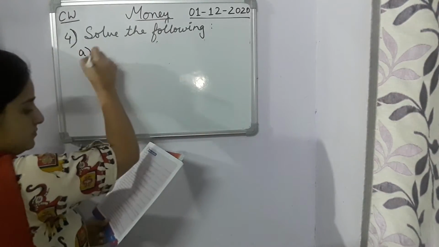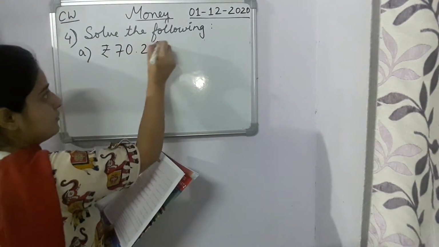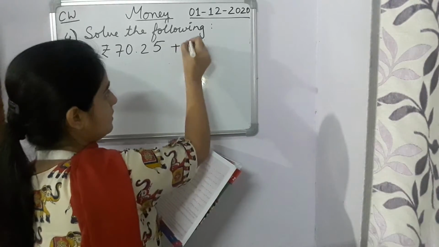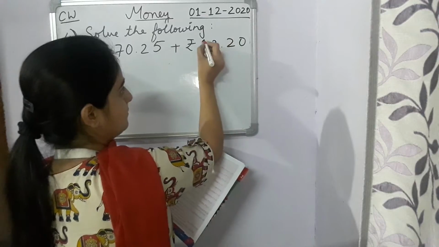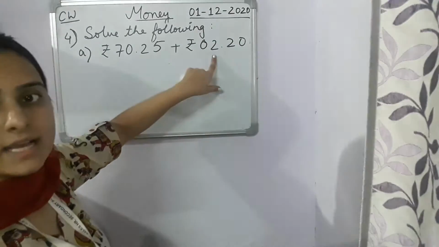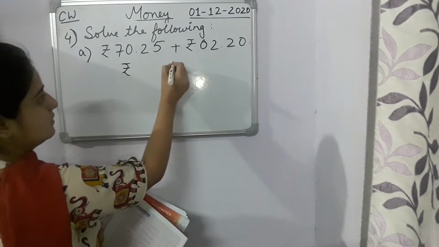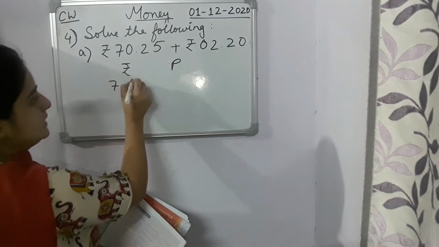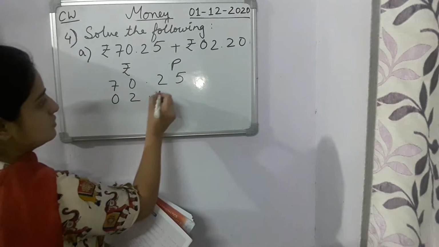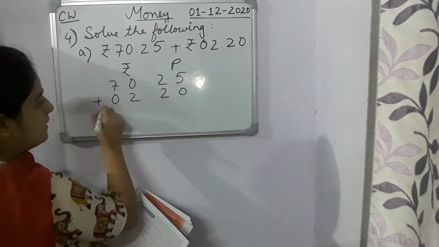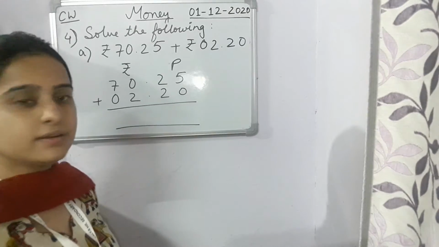A. Rupees 70.25 plus rupees 2.20. 0 2 we read it as 2. So let's arrange this. 70.25. Now add and get the answer, children.